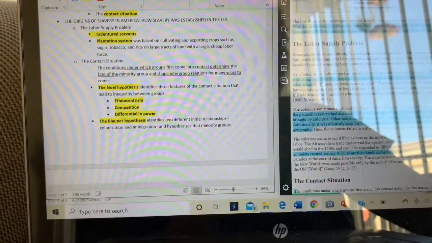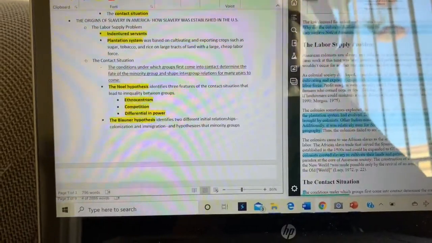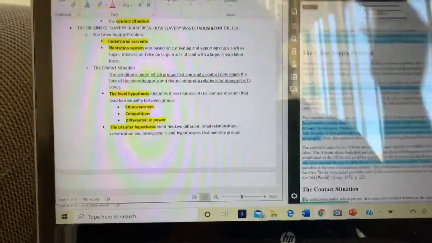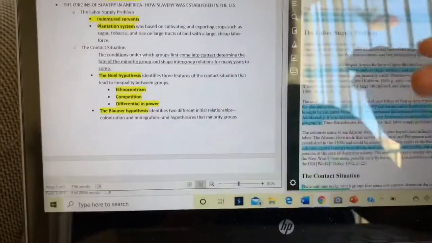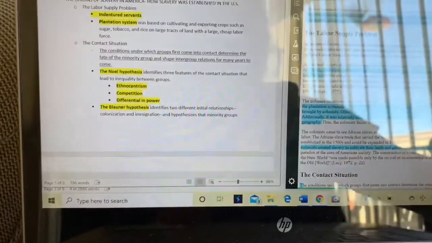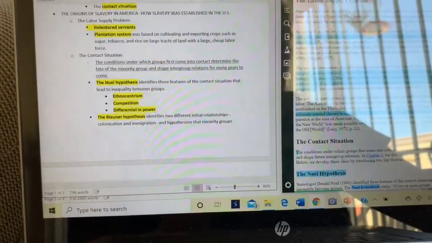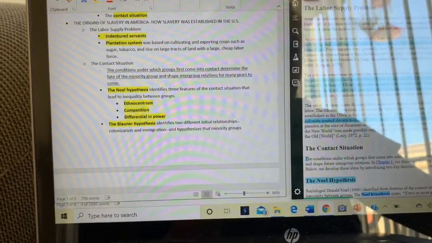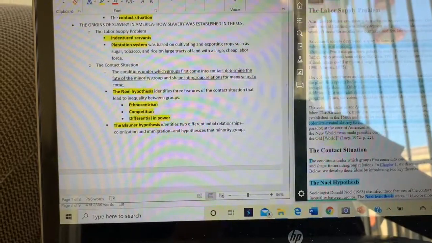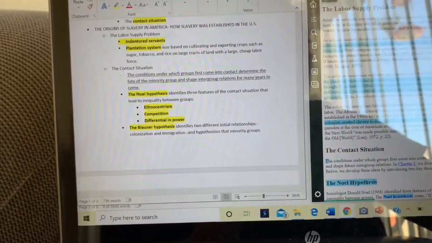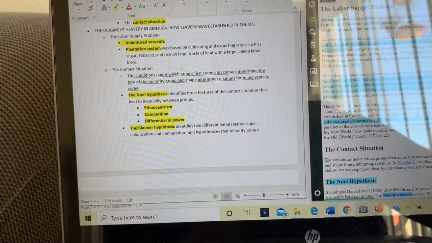Now it's going to talk about what caused slavery. Essentially, what caused slavery was the labor supply problem. The colonies sometimes exploited the closest tribes of Native Americans for their labor power. So basically, they tried out Native Americans first.